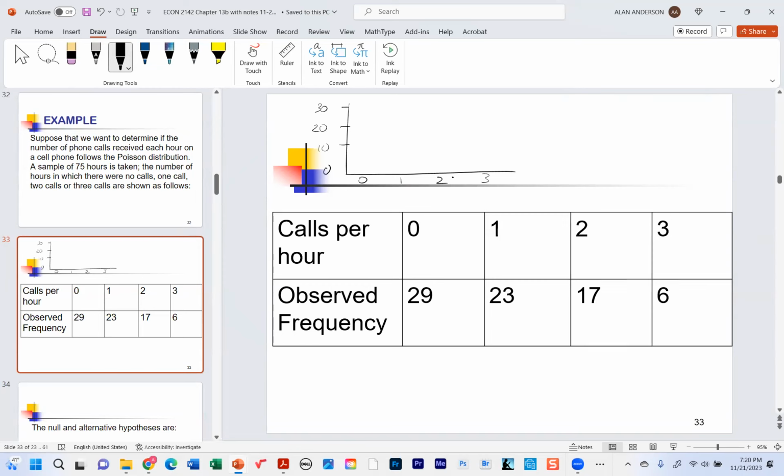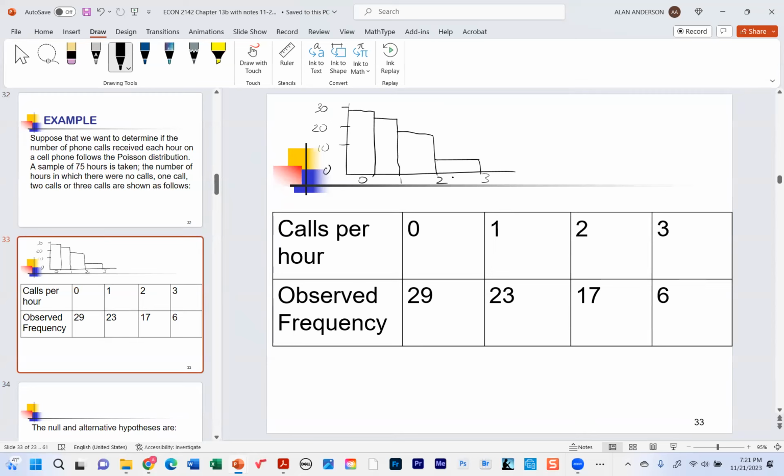So we get a 0 29 times. We got a 1 23 times. We got a 2 17 times. And we got a 3 6 times. Now, I don't happen to know off the top of my head what it should look like, but this is what our observed data looks like.